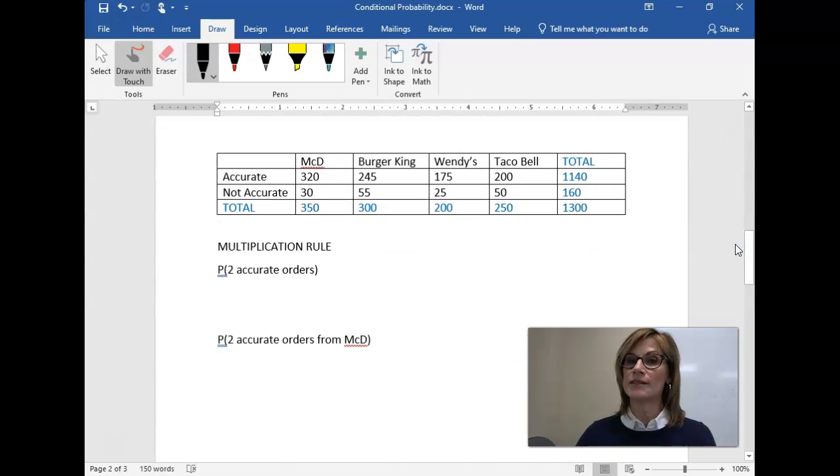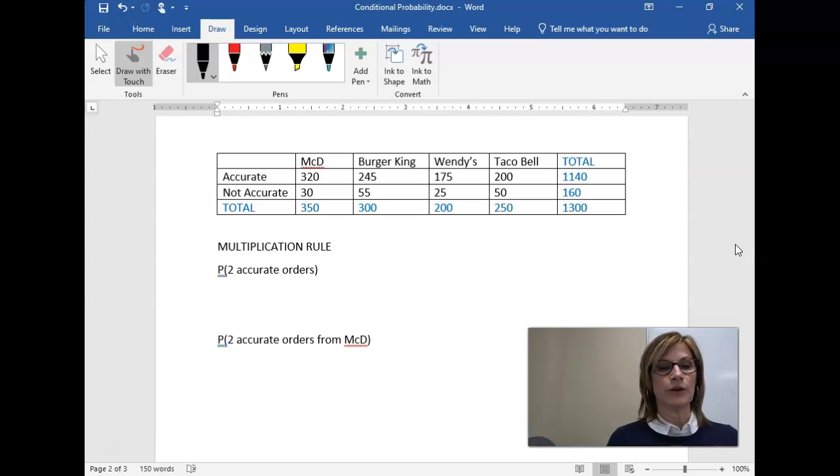Okay, and this is also a brief review. Multiplication rule. What's the probability that we have two accurate orders? If it says two orders, you wouldn't get your order, give it back to McDonald's, and then get it back again. It would be one order and then another order. So typically things are without replacement unless the problem says otherwise. So two accurate orders: 1,140 were accurate out of all 1,300.